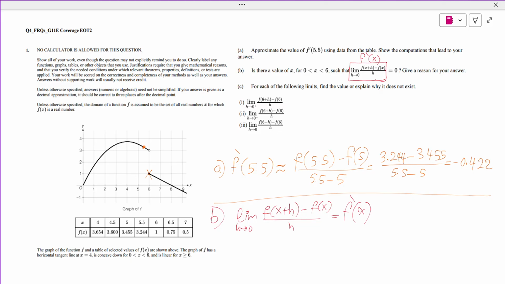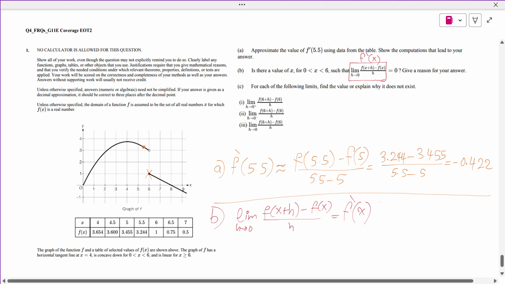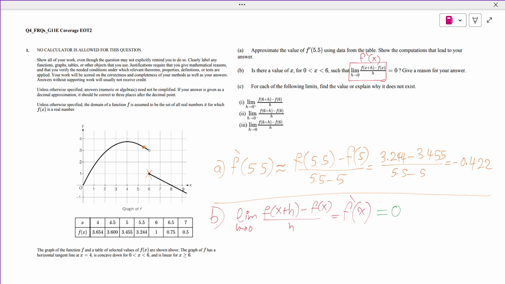It's the derivative. And the question is saying, is there a value where the derivative equals 0? The derivative equals 0. That means, do we have a horizontal tangent?